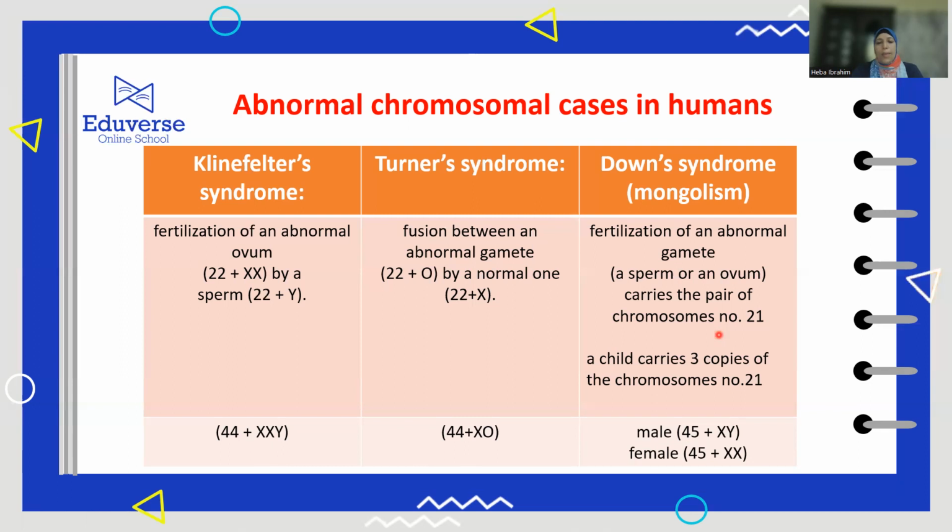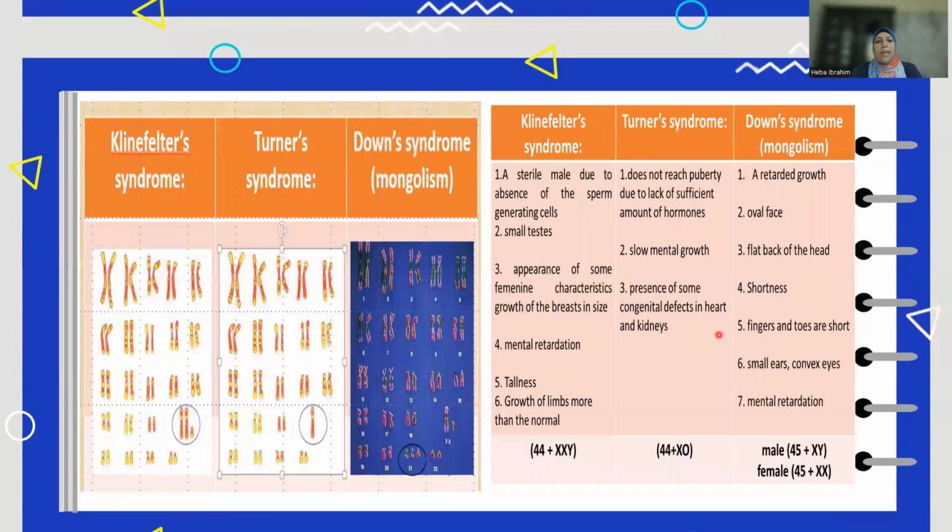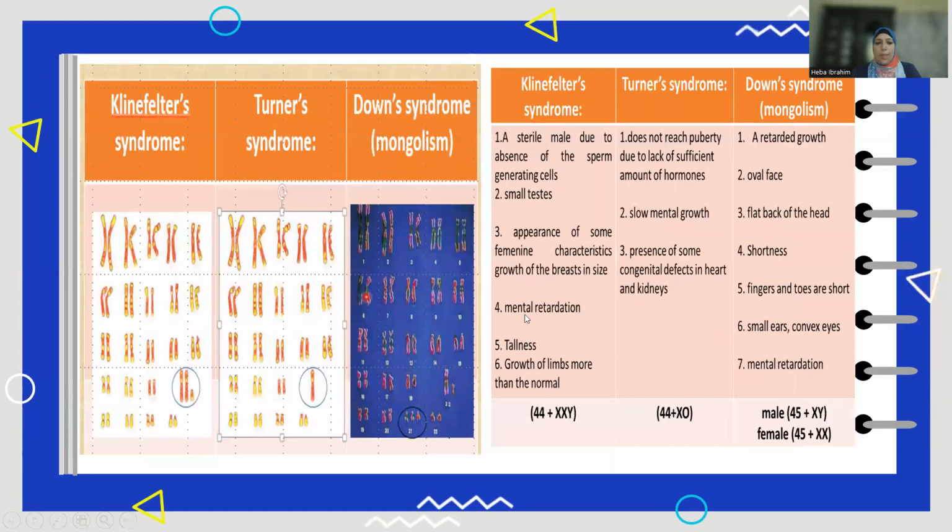Let's discuss the karyotype for each case. Here we have normal autosomes, but chromosome pair number 23 carries 2 X chromosomes and a Y chromosome. So this case is Klinefelter syndrome.